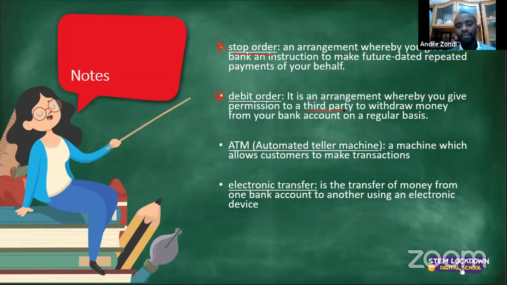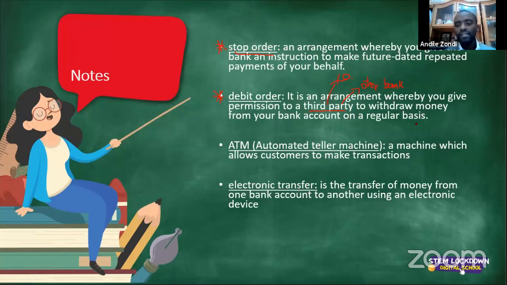A third party could be a company, any company, could be another bank, any other person, basically a third party. You give them the right to withdraw money from your account on a regular basis.